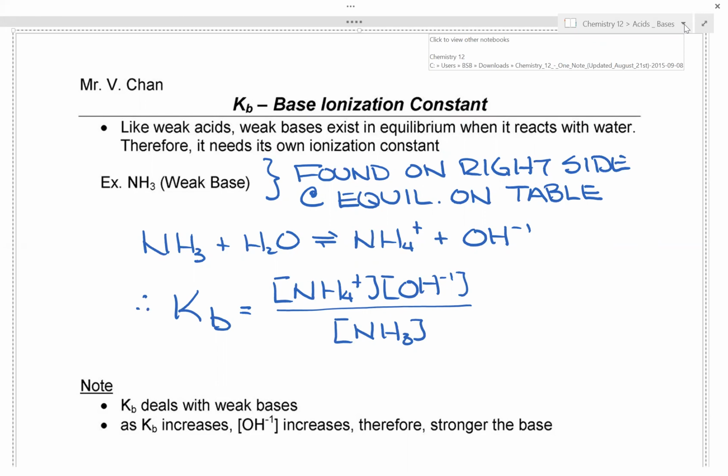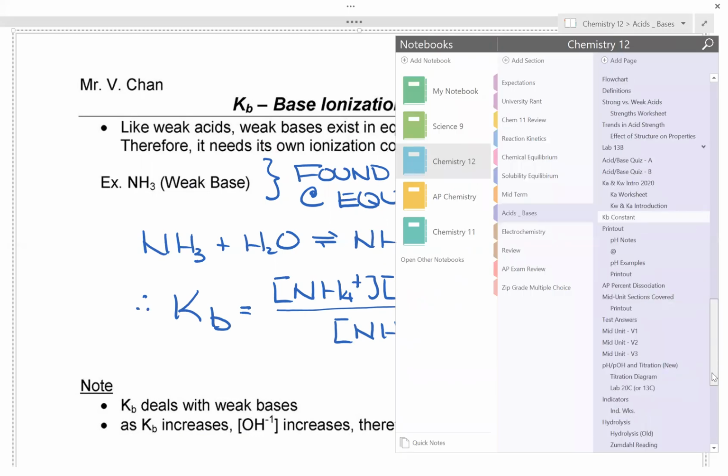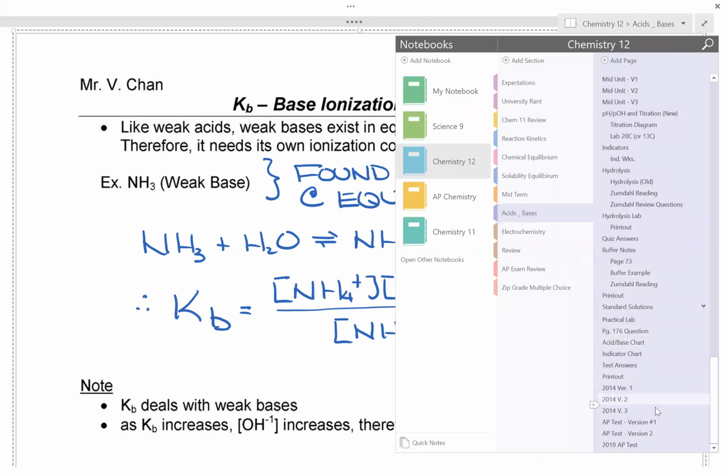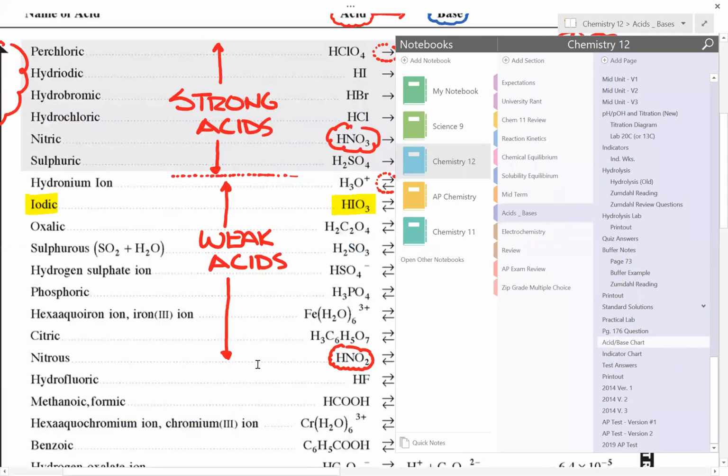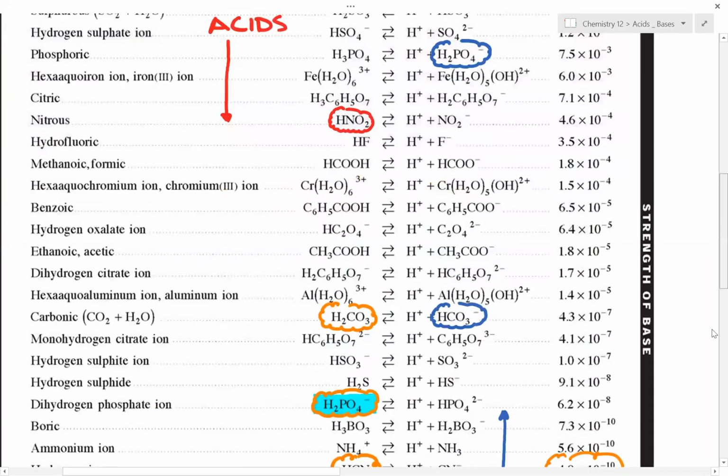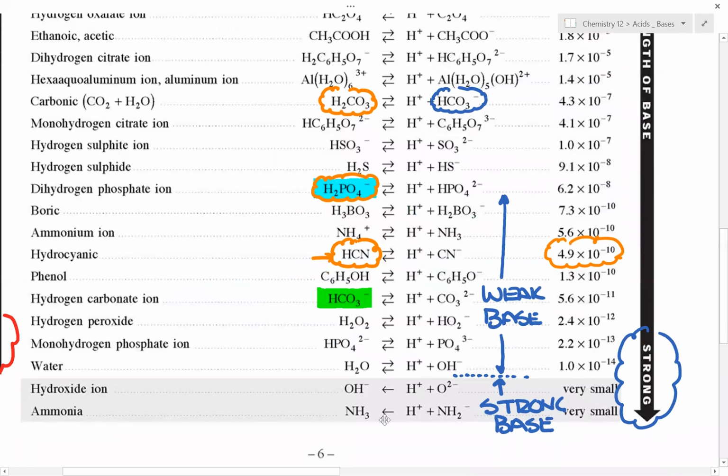Now, one thing I wanted to note here is NH3. You might say, Mr. Chan, we see NH3 here. So let's look at the acid-base chart. If I scroll down, you will notice there's an NH3 right here and an NH3 right here. Mr. Chan, isn't NH3 an acid? Why did you consider it a weak base?